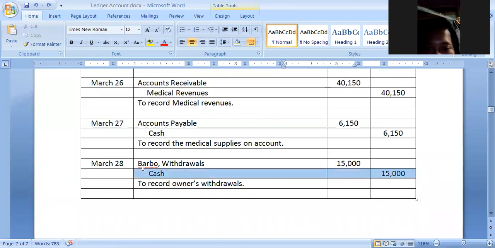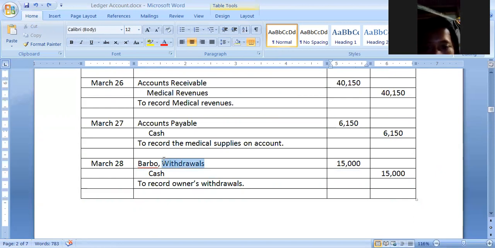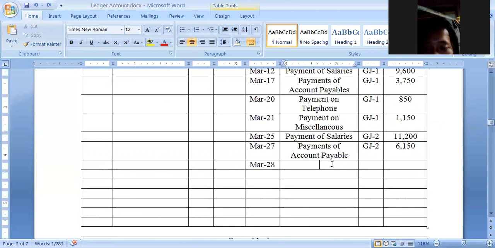Our cash here is 15,000, which is credited. Babrbo withdrawals. Let's go back to ledger account. Cash withdrawals. General journal, page 2. 15,000 is credited.